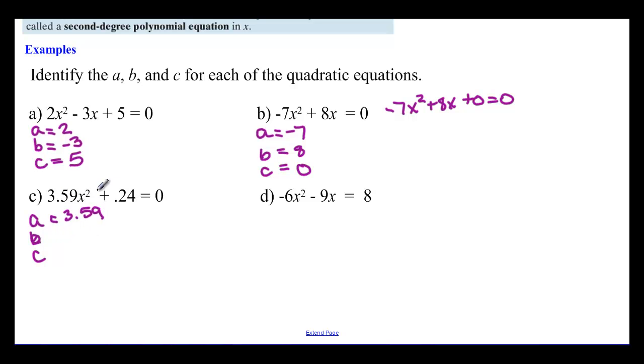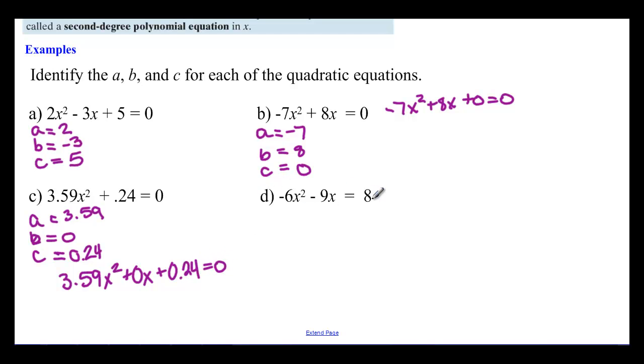The b, there's no x term, so that's going to be 0, and then c is going to be that 0.24. And again, this can be rewritten as 3.59x squared plus 0x plus 0.24 equals 0.